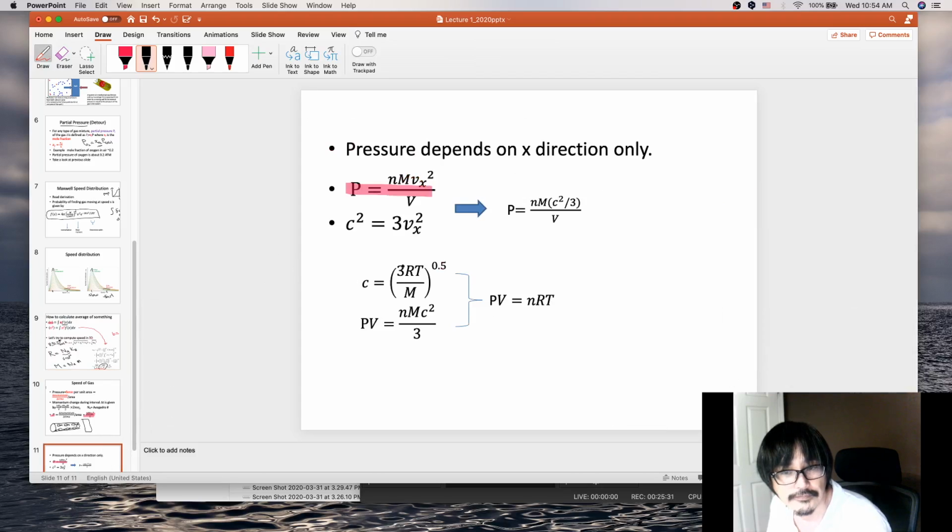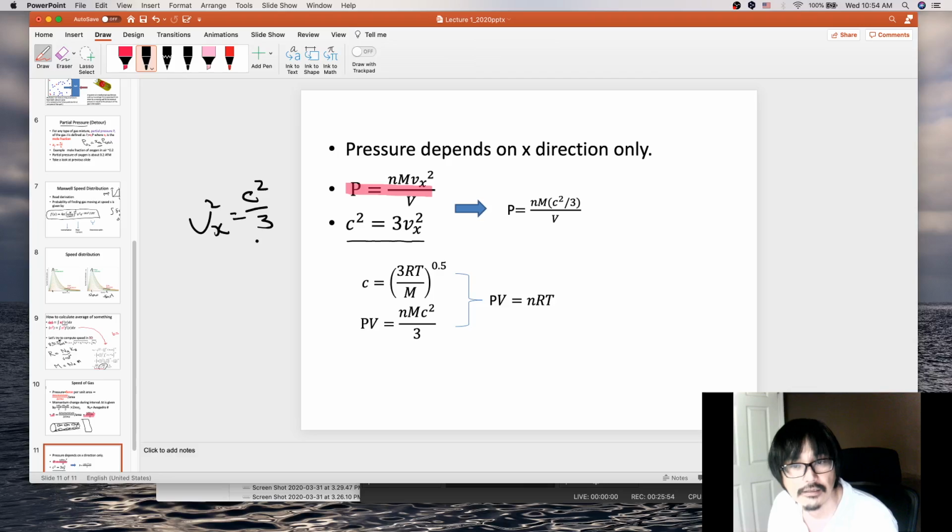I think I went a little bit too far, but c squared is actually equal to 3vx squared. So vx squared is actually equal to c squared divided by 3, right? So this one becomes that one, right?